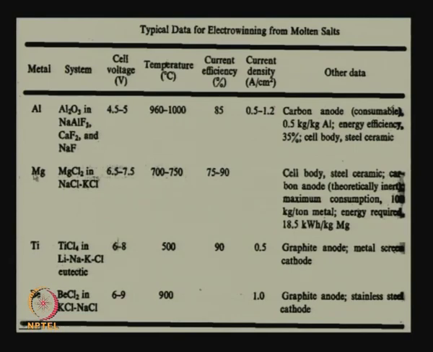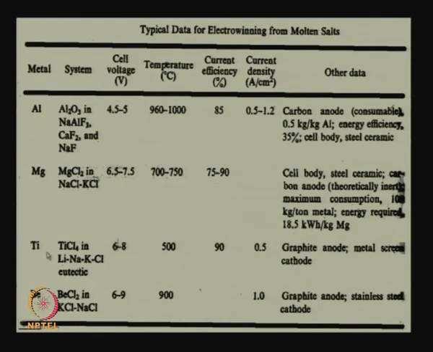In the case of magnesium, magnesium chloride is dissolved in sodium chloride and potassium chloride. So, we have a ternary: magnesium chloride, sodium chloride, potassium chloride. The only thing we have to ensure is that when you apply the voltage to decompose magnesium chloride, sodium chloride and potassium chloride should not decompose, and they do not, because they are more stable.